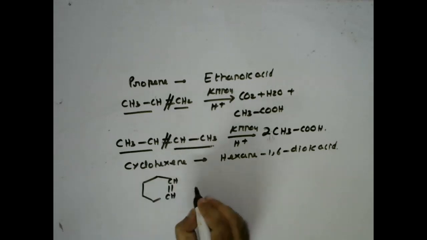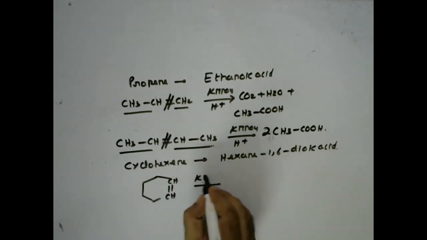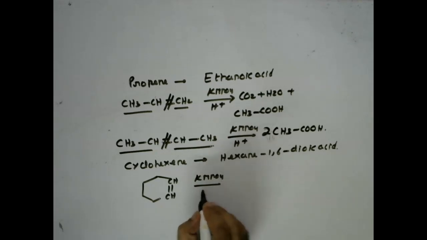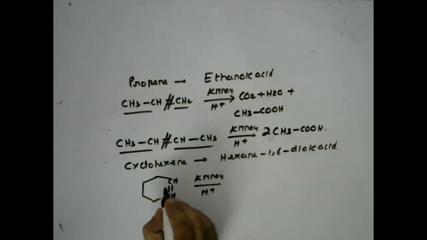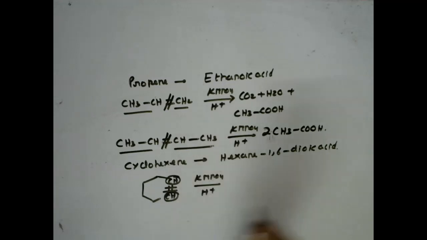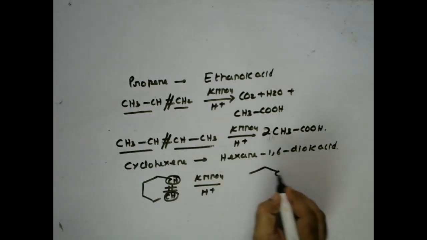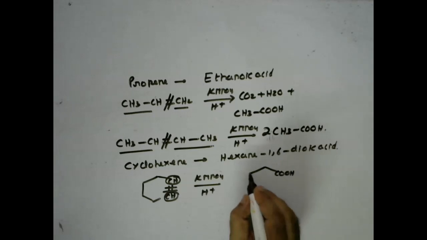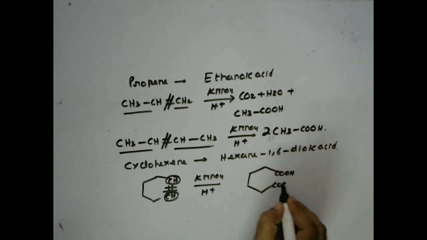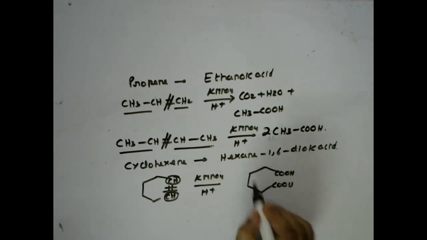This is cyclohexene. What to do? You put KMnO4, H plus. What is going to happen? The double bond breaks. This is CH, this will become COOH. This is CH, this will become COOH. So what we get is COOH and COOH. The ring has broken. It's a straight chain compound. It is hexane 1,6 diacid.